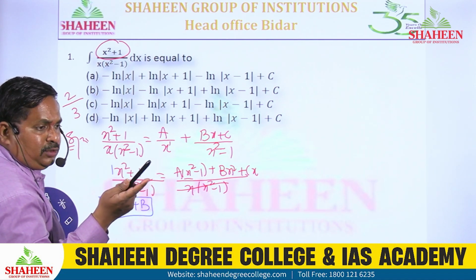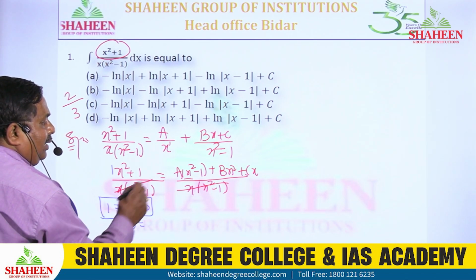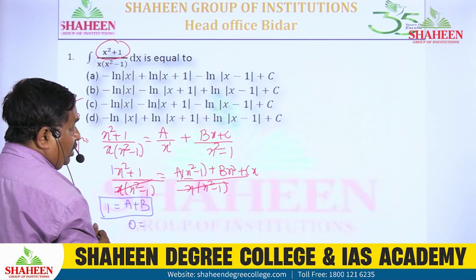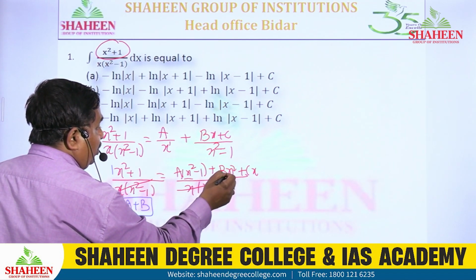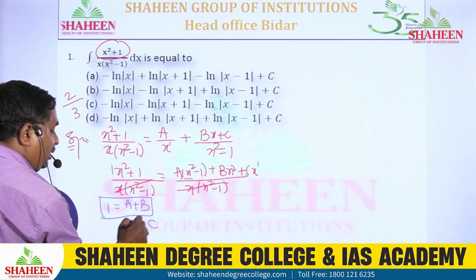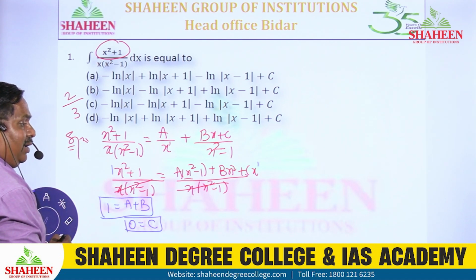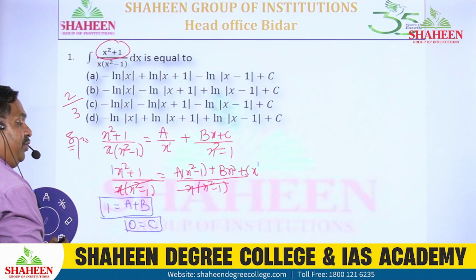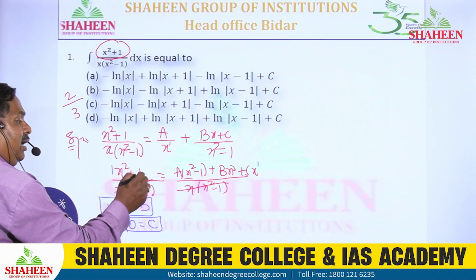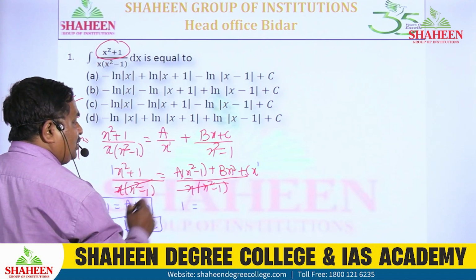We don't have an x power 1 term, so the LHS becomes 0. And here a into minus 1 is minus a, so there is no x power 1 term there, and we have an x power 1 term with coefficient c, then the c value becomes 0. What is the c value? The c value is 0.